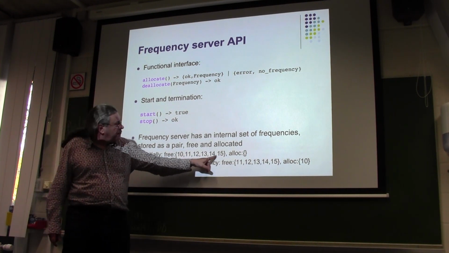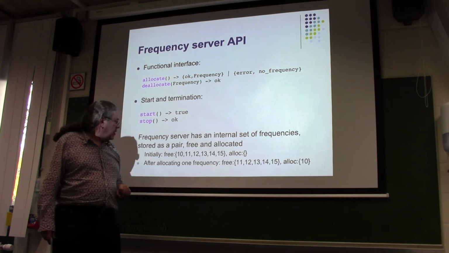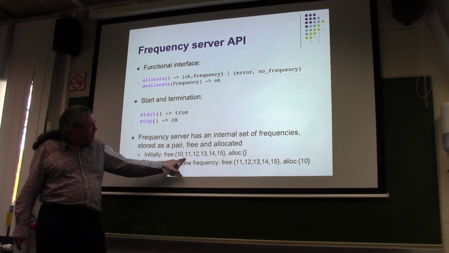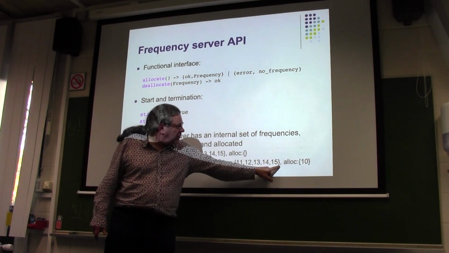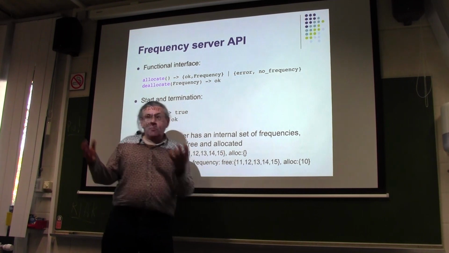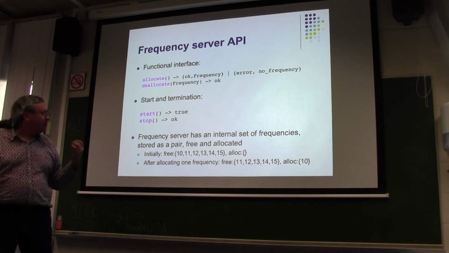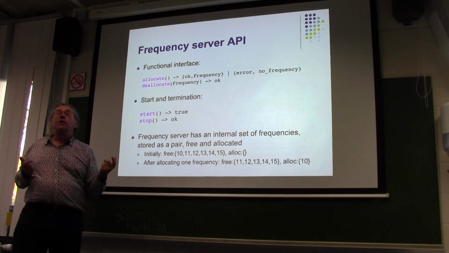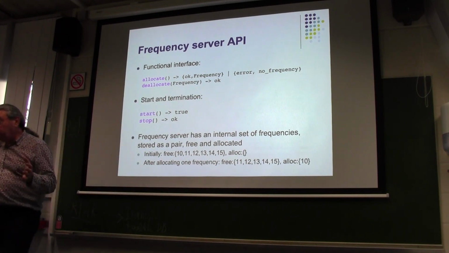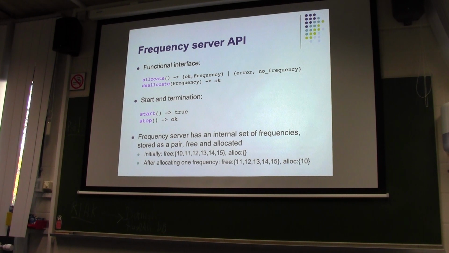These are all the ones that are free, and these are all the ones that are allocated. If I allocate frequency 10, then the free tuple changes: the 10 is removed here and added here. So it just keeps track of which frequency is free and not. This is very simple. I'm just defining this so that we have an example for the Gen server.